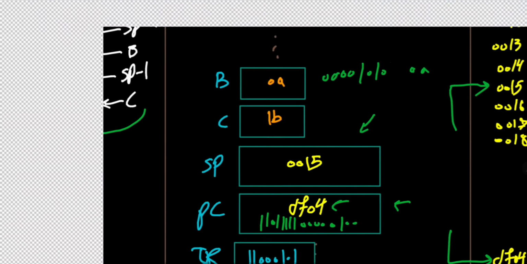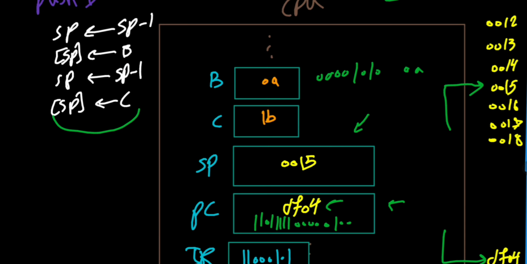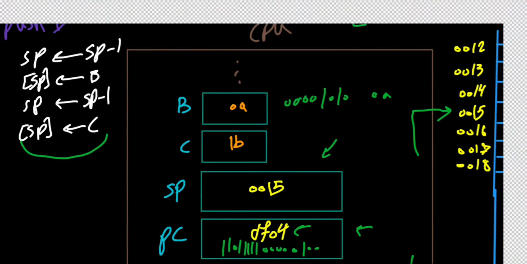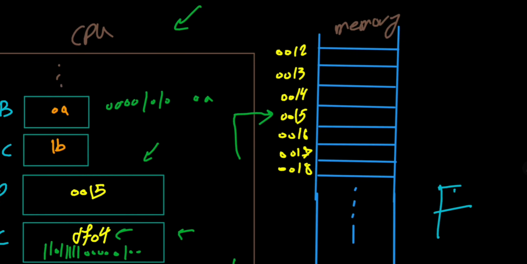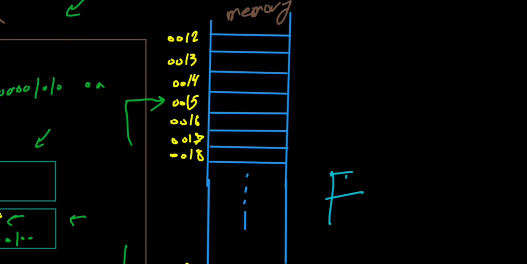Then the next step: SP was decremented and put on the address bus, and a value from a register was put on the memory. We call this a step, from CPU to memory. Before, we just called them steps, then we called them machine cycles, and now I'm giving you some hints on how these machine cycles are actually executed inside the CPU.